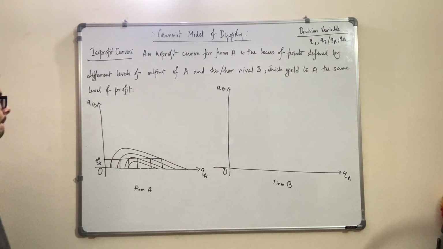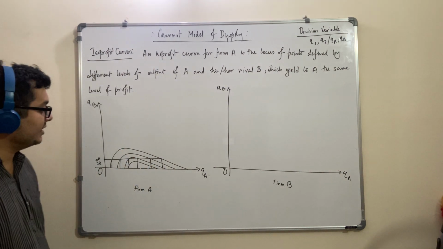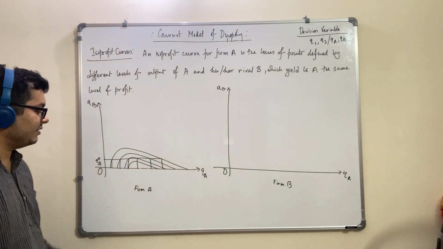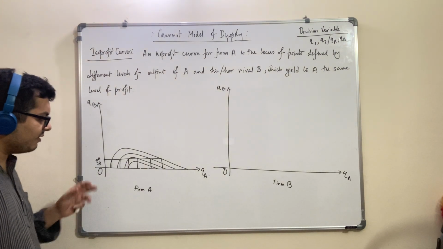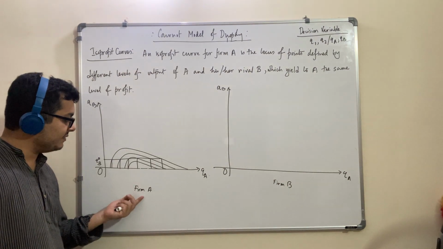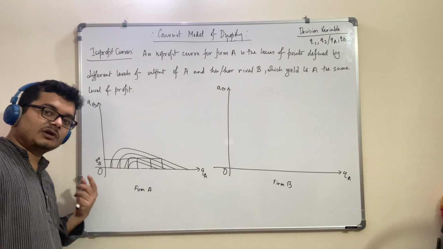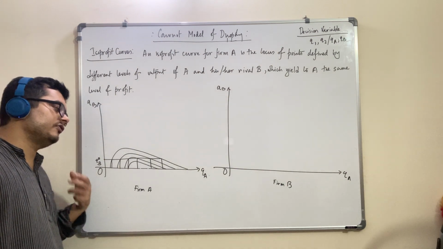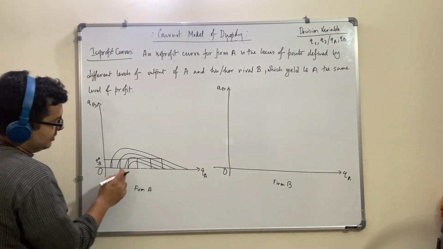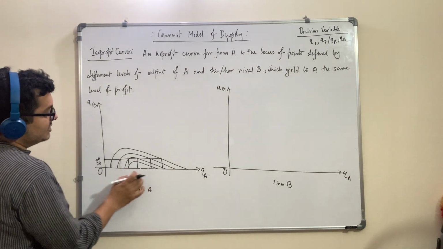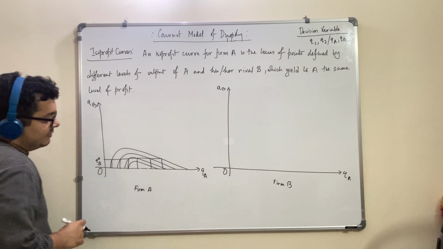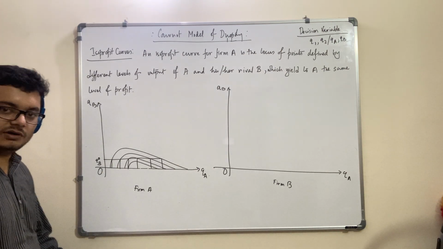But obviously only one of them is optimal for firm A. And our job is not only to find the optimal for firm A in response to some output of firm B, but also of B for A. Some are on the left side, some on the right side, some are of higher quantities, and as you will see, some belong to lower profit also.